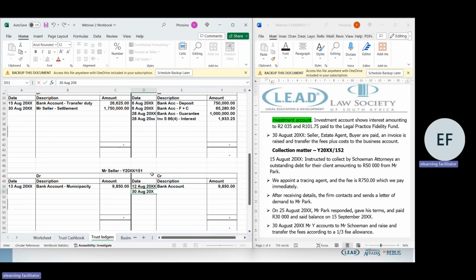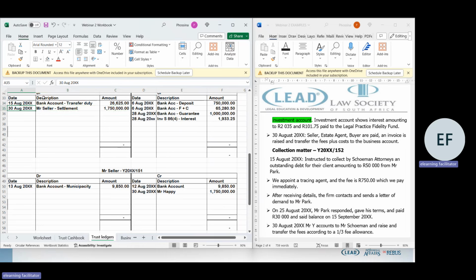20XX, and then this is from Mr. Happy. Okay, so he's happy with the property purchase, so we show it like that. Okay, so this is the double entry.